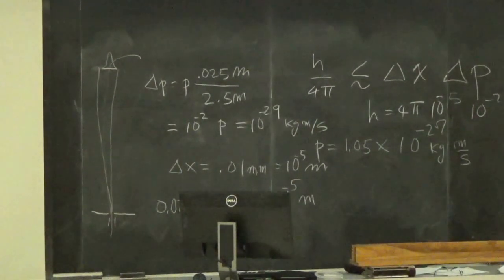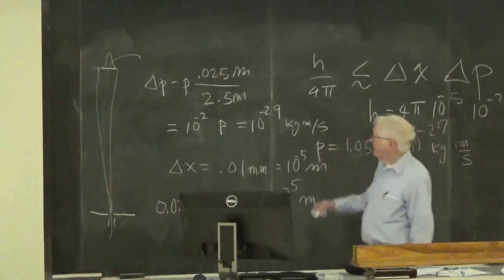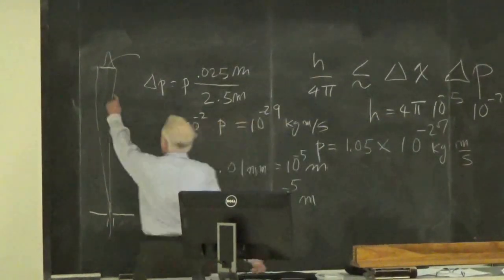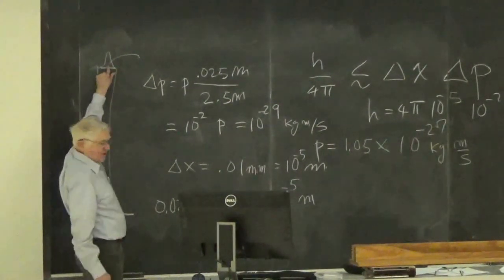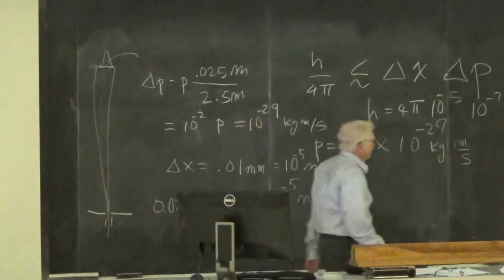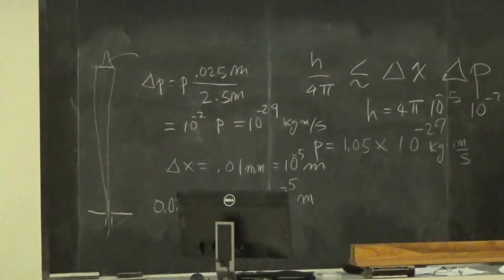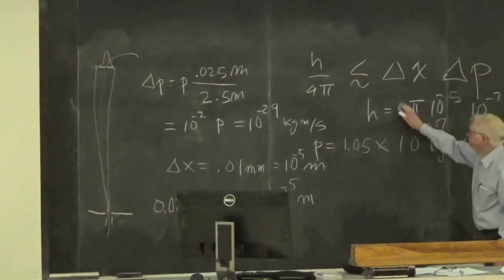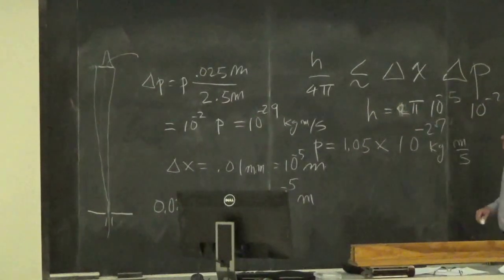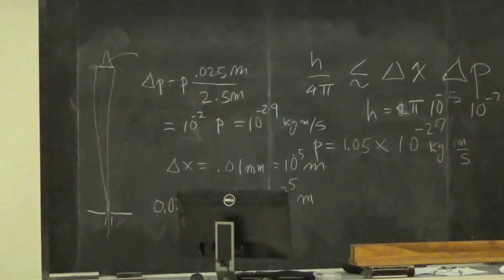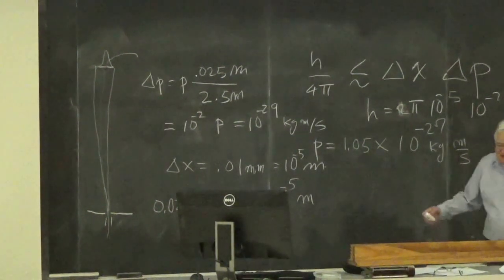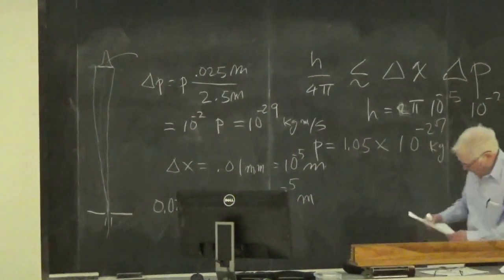And I think I should divide it again by a factor of 2 because, as I said, most of the photons are in the center. So let me make that 2 pi. And so that's then roughly 6 times 10 to the minus 34. And the correct answer, in fact, is 6 times 10 to the minus 34.